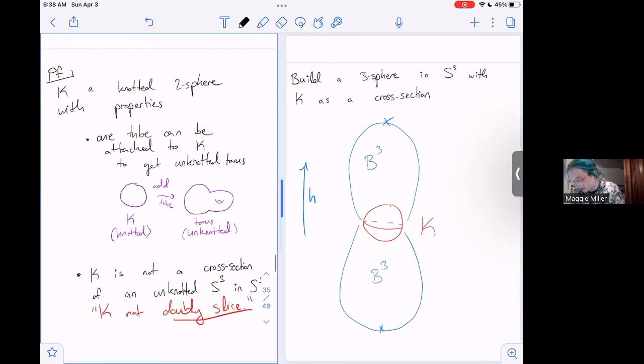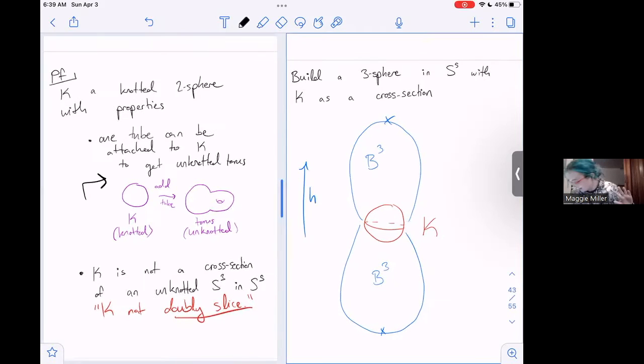And making use of this property that I only need 1 tube to unknot my knot, I can actually look at this height function. This is the Morse function on S^5. And it's going to restrict to my S^3 specifically with this number of critical points. So I have a minimum, an index 1 and 2, 1, 2, 3.